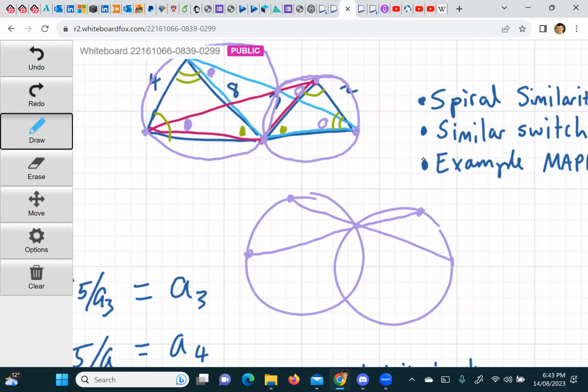So you always get a spiral similarity that sends this thing to this thing. Just defined by 2.